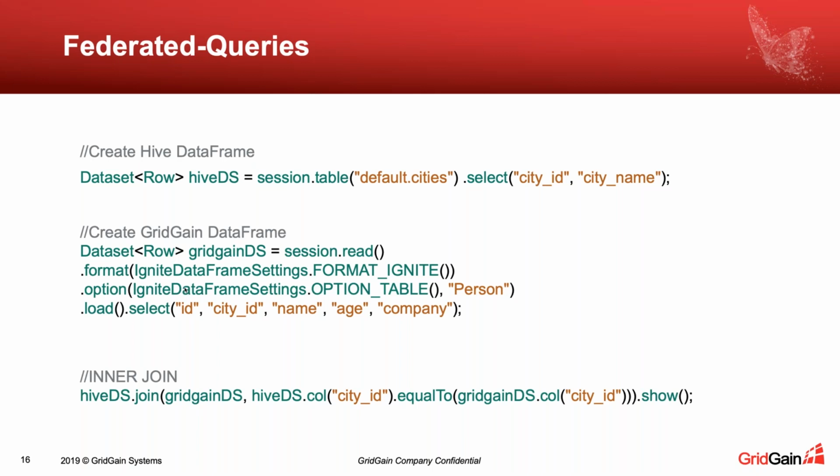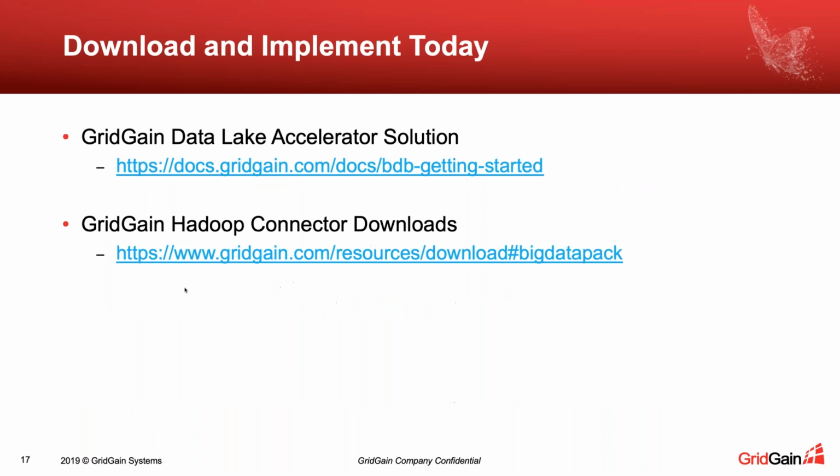We connect to GridGain, we connect to the person table, and we select the following columns like ID, city ID, etc. And finally, we are doing an inner join with the Spark DataFrames API. We are joining the GridGain data source with the Hive data source based on this city ID column. And that's it.